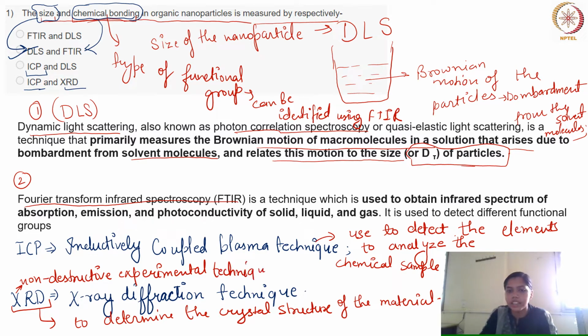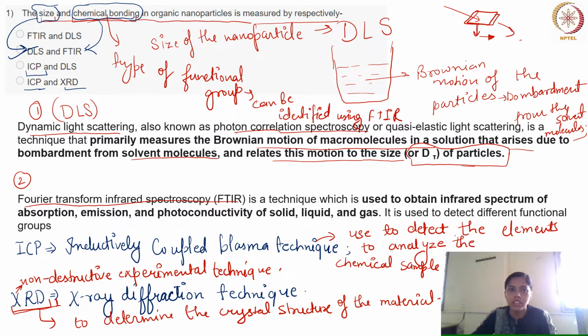By non-destructive experimental technique, I mean that suppose this is your sample and you do the XRD. It is not like this sample will be destroyed or decayed or anything will happen to it. After taking the measurement or the data, you can simply recover your sample after measuring using this XRD, which is your X-ray diffraction technique.